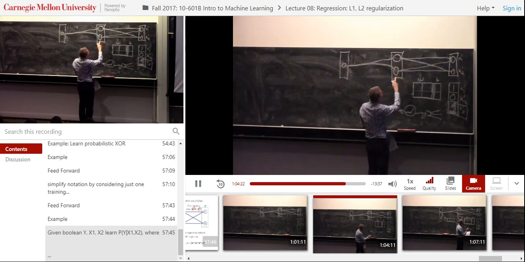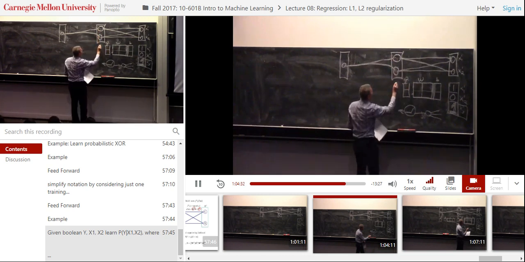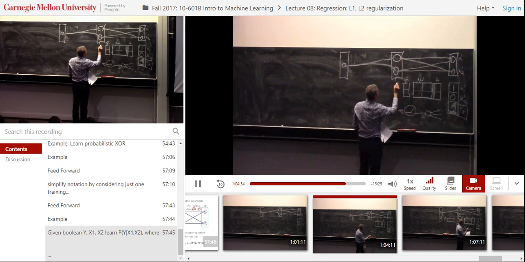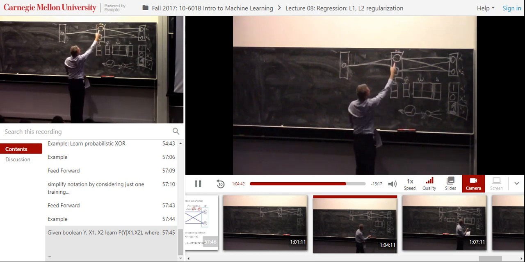How many G's will we have? 2. Right. 1 for this unit, 1 for this unit, and then we'll have an output, which are my x's. So this will be x2, and of course, there are two of those, this one and this one.